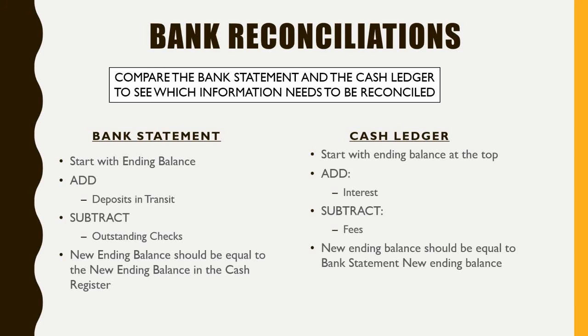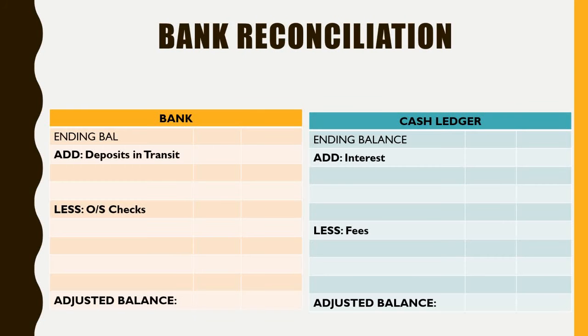So let's go ahead and dive into the example here in our slideshow, okay? Again, we have the bank side on the left and our cash side on the right. I'm going to do the bank side first, because we'll just go left and right.